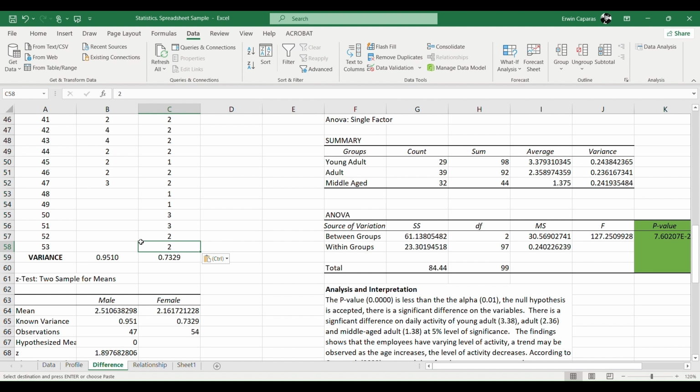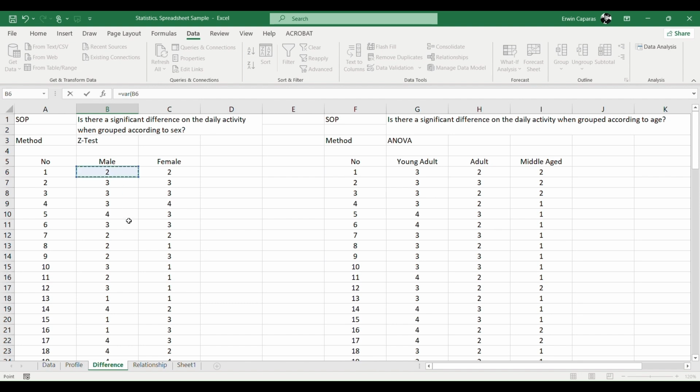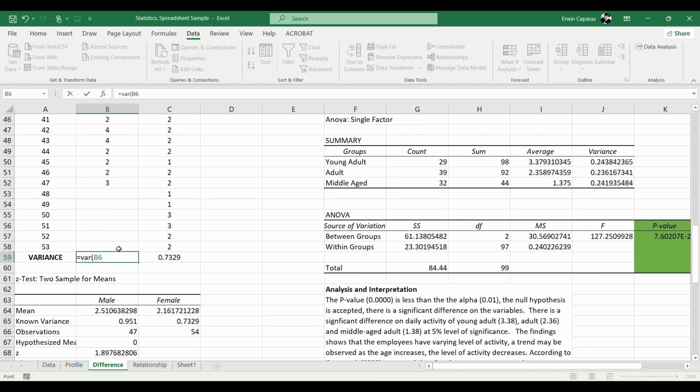The first requirement for z-test is for us to first determine the variance. So we type in the variance here, and then we determine the variance by clicking equal sign, then var, and then open close. We highlight the data from data number 1 up to the bottom portion of the table, and then we click OK.